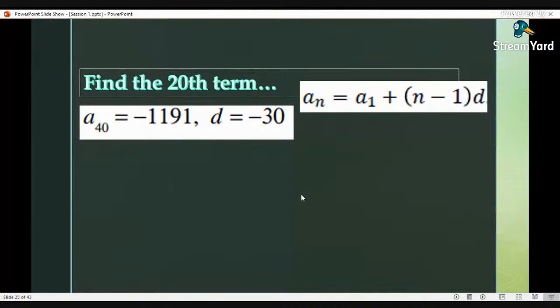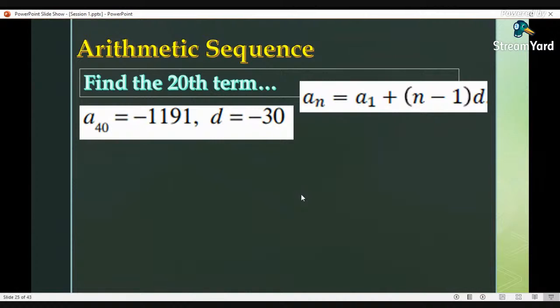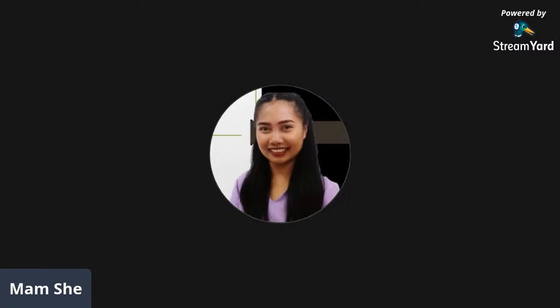Let's continue. Find the 20th term of the sequence. Our given is A sub 40, which is negative 1,191, and our common difference is equal to negative 30. So let's find the 20th term. All we have to do is still follow the formula and substitute.